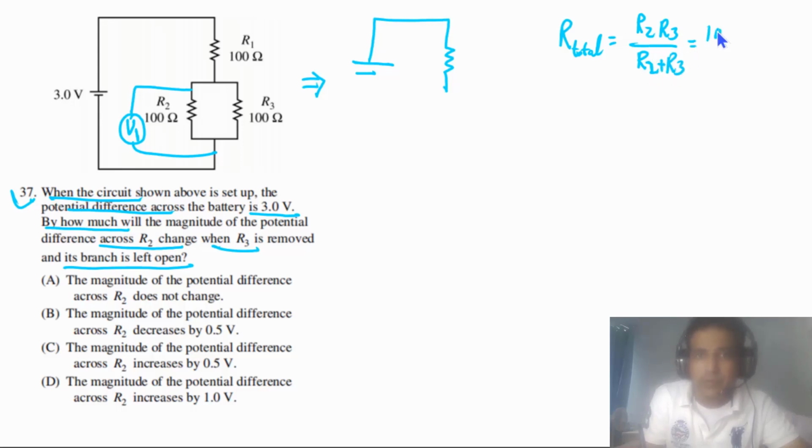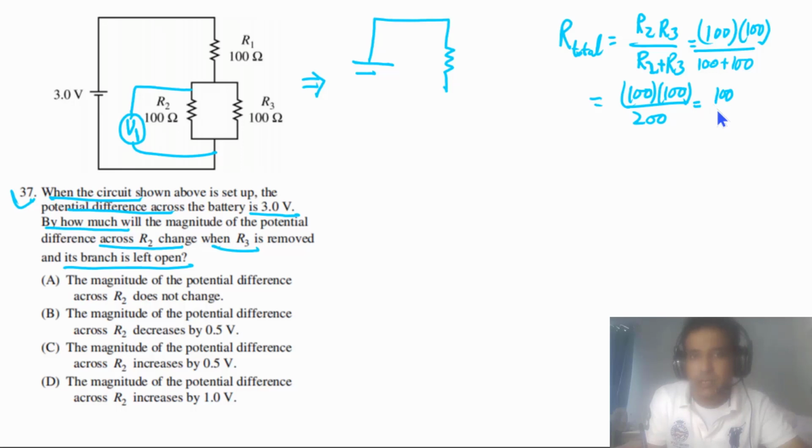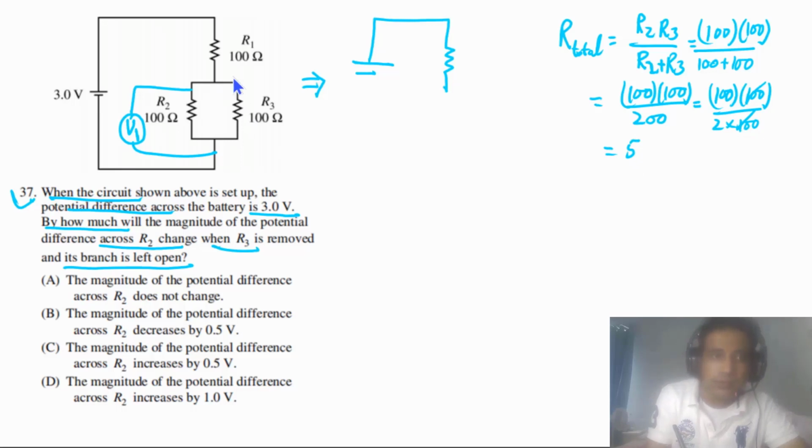As R2 is equal to 100 ohms and R3 is also equal to 100 ohms, here we have 100 plus 100. So this is 100 multiplied by 100 divided by 200, which is 100 multiplied by 100 over 2 multiplied by 100. So the 100 will be cancelled, and the total resistance of these two resistors in parallel is equal to 50 ohms.